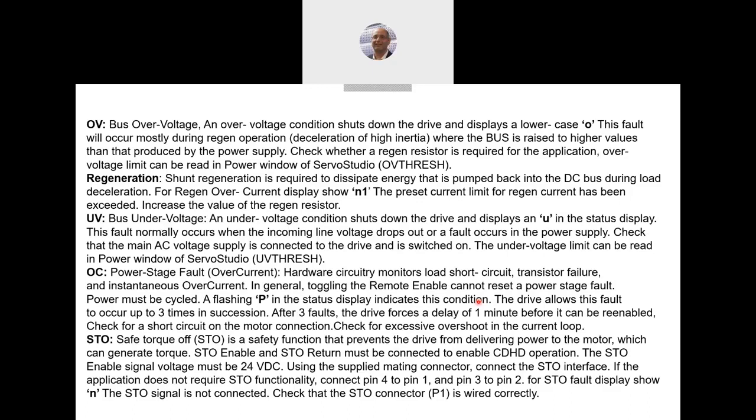The most severe warning is the power stage fault, overcurrent. Overcurrent means that there is a short between the B plus and the B minus. Now, since we don't know what happened, we do not allow you to reset this warning.